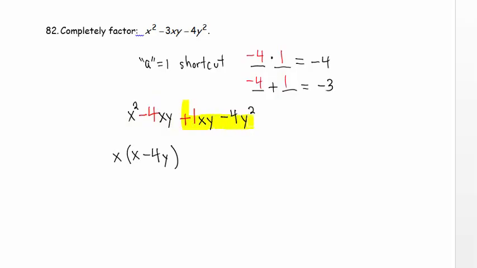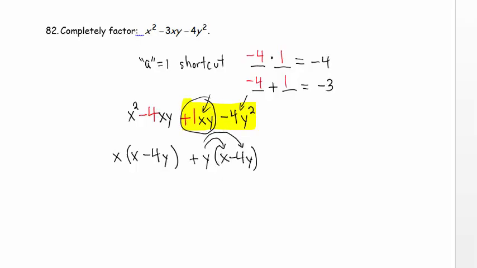Now we'll group the second two terms together. A little shortcut or hint to remember is, because we were able to fill out this diagram, this factor here will automatically be repeated. So I will write it down. And then it's just a question of what do I distribute to both of these to make these two terms here. And the answer is a positive y, so I write plus y. Y times x is xy.